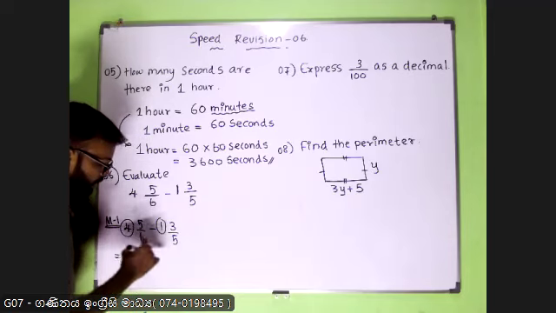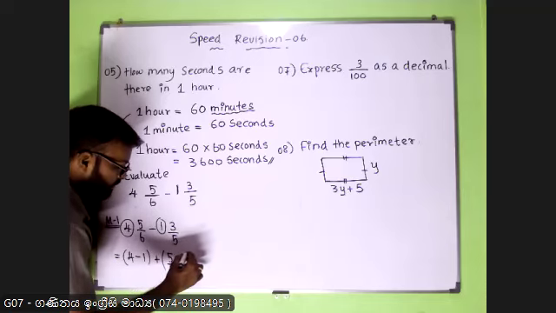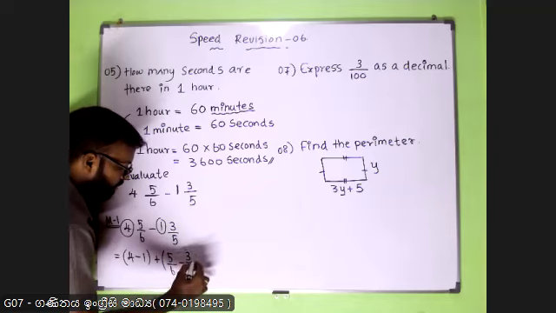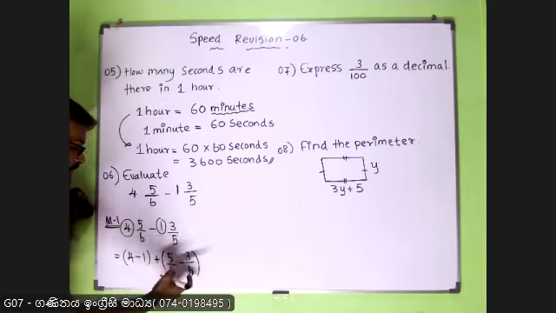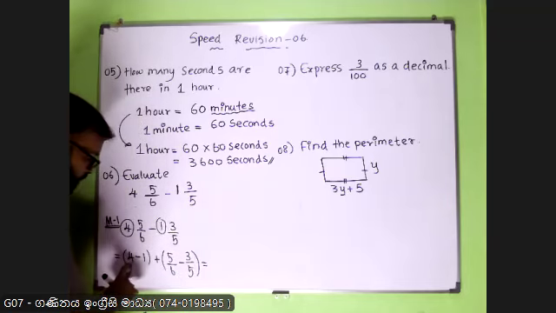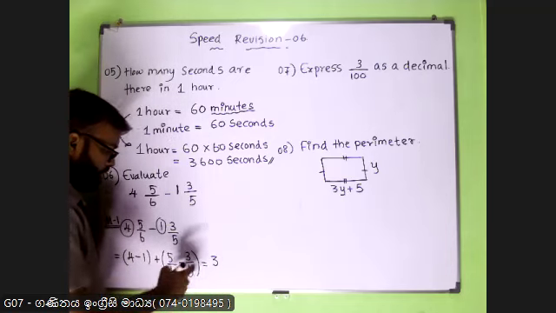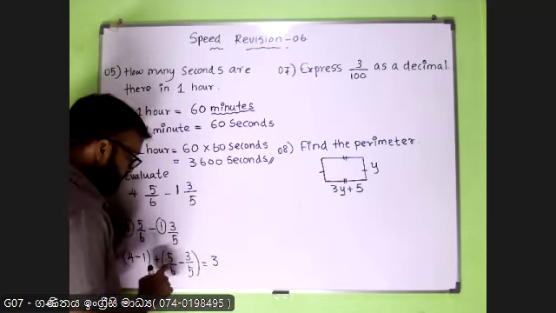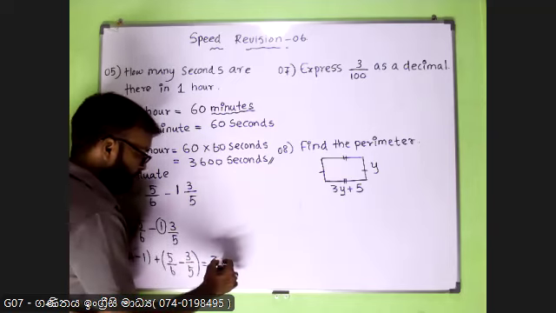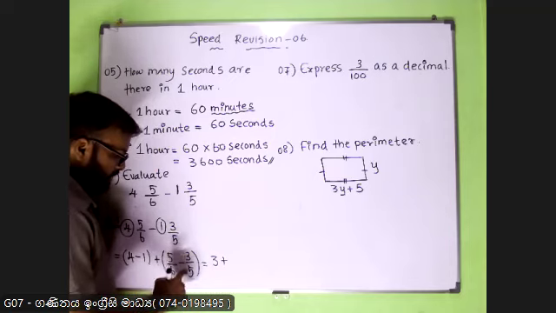Then I am going to simplify my fractional part separately, 5 upon 6 minus 3 upon 5. 4 minus 1 is 3. Plus 5 upon 6 minus 3 upon 5.